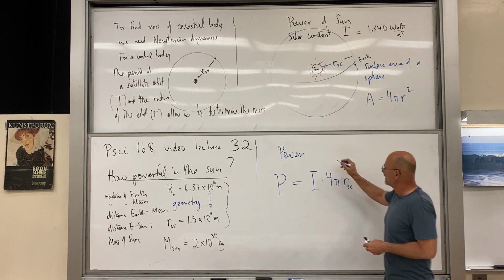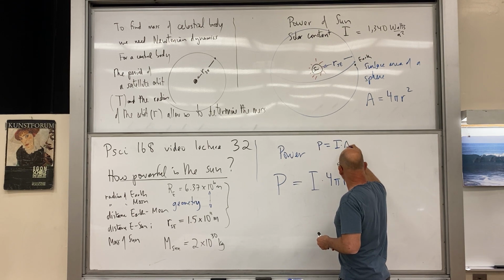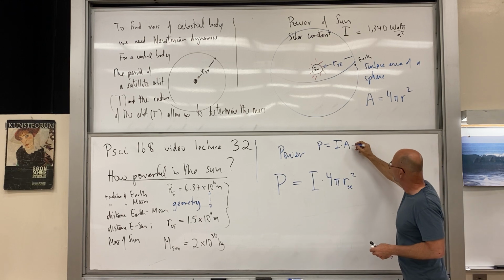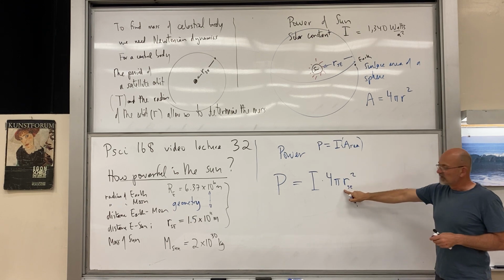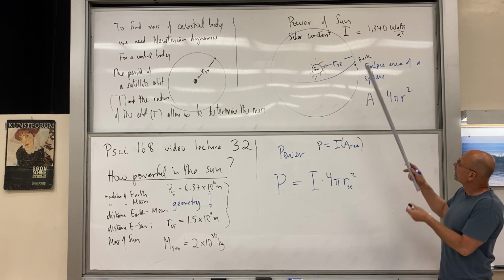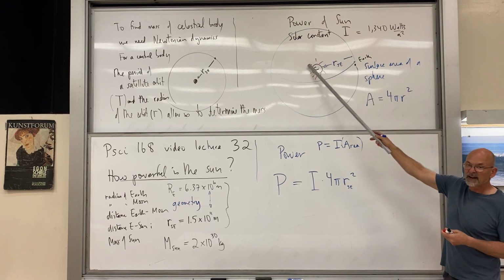Okay. So power P equals I times A, solar constant times area. And we just have to plug these in now and see what happens. That's all of the power. It's just going in every direction. So that's why it's just going through that entire surface there.